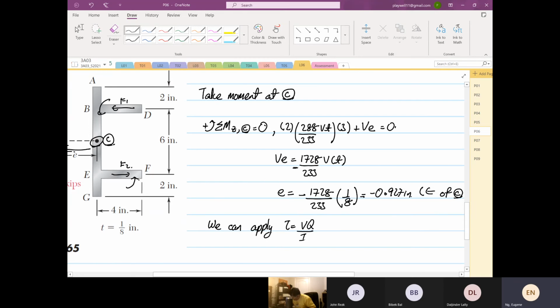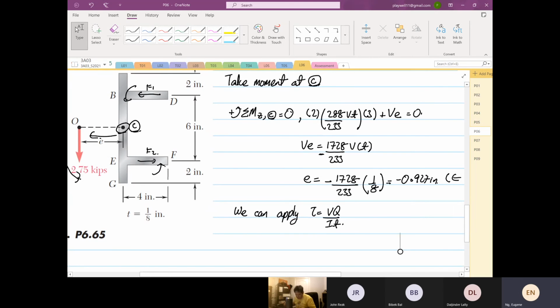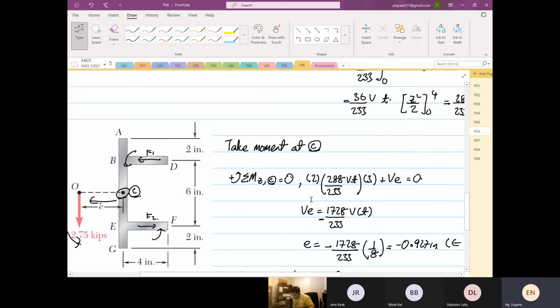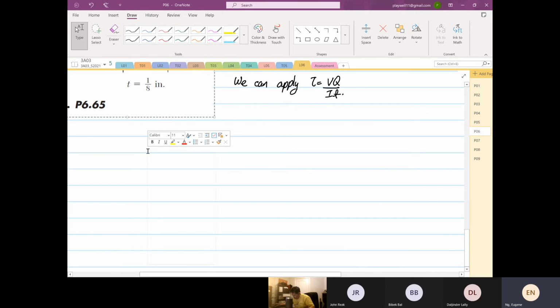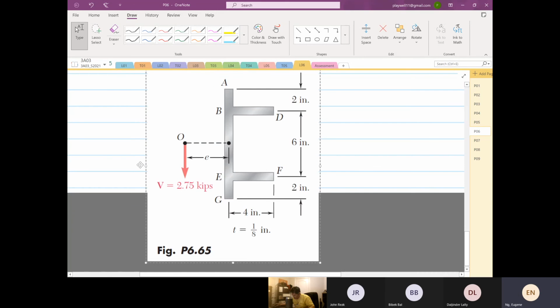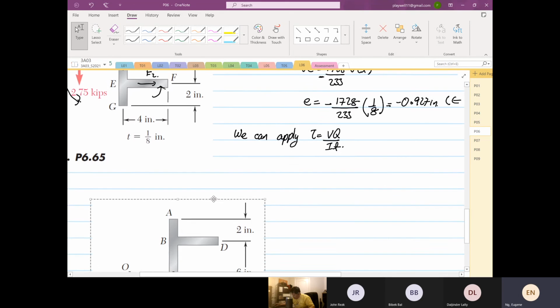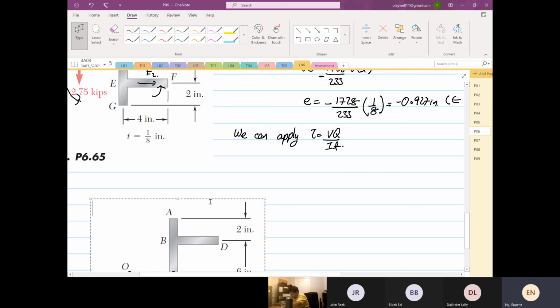Now we are going to find stresses at all the points, point A, B, D. I'm going to show you how to do that, and we have to be really careful. So let me do this in a new page.